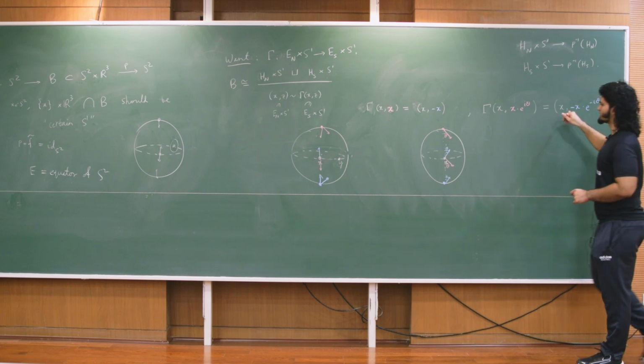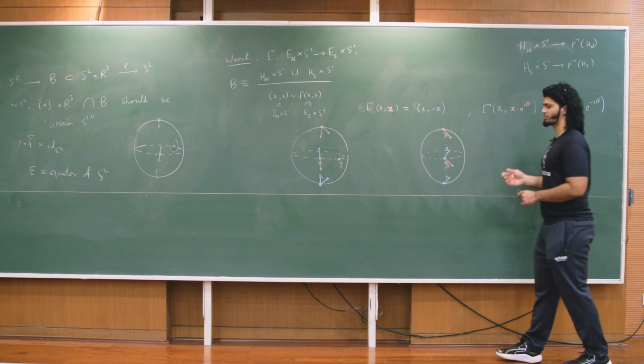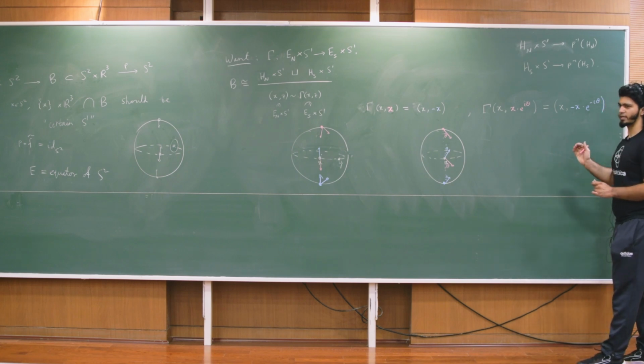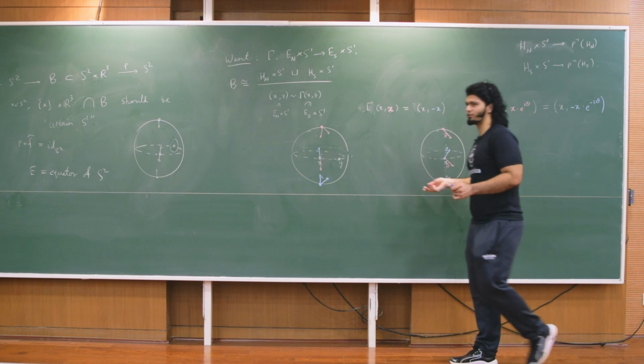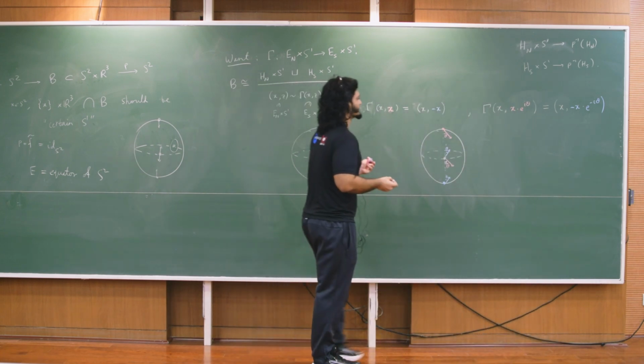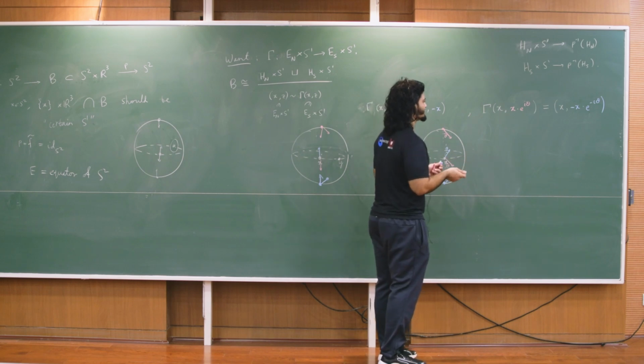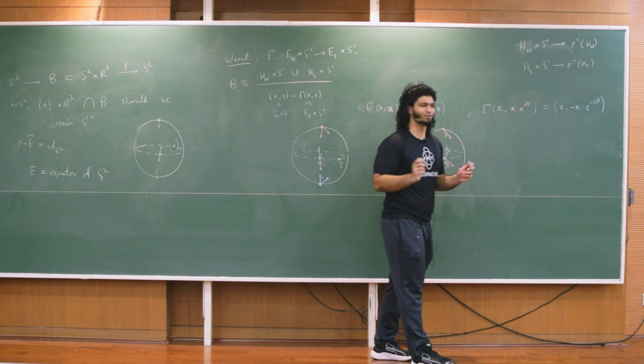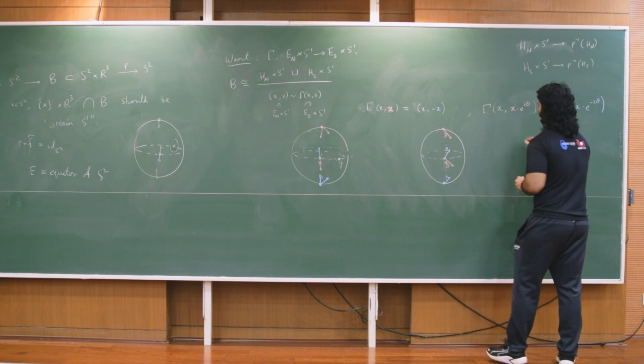So this minus is basically because you're flipping the direction and you're also changing the direction of rotation. So this is basically what gamma is, and we have found it in a precise way. When I say precise, I mean the expression is precise, the derivation wasn't that precise.